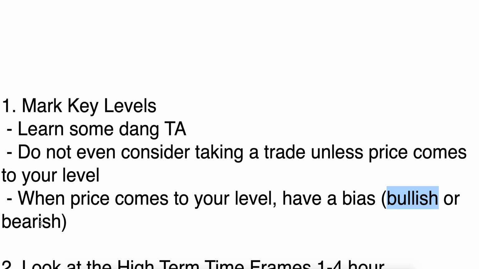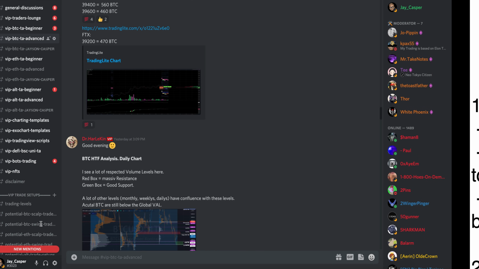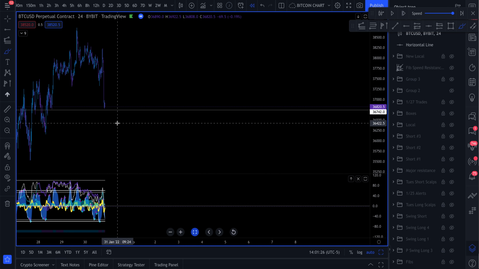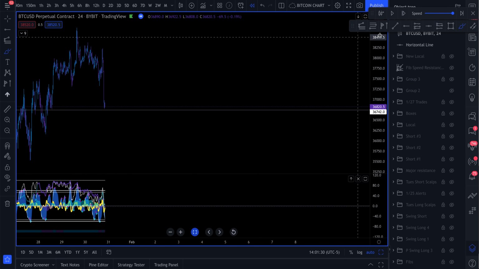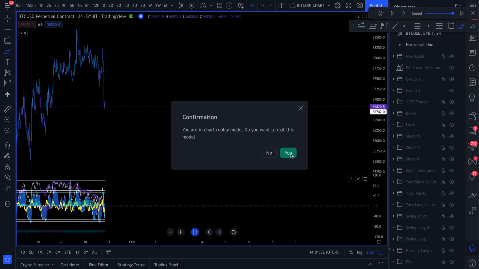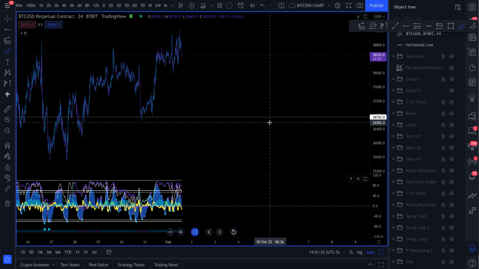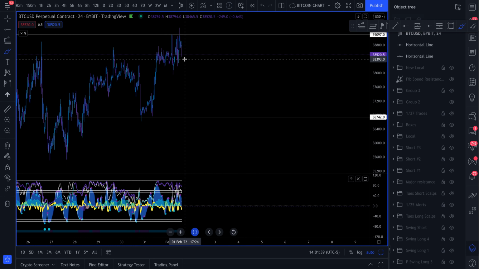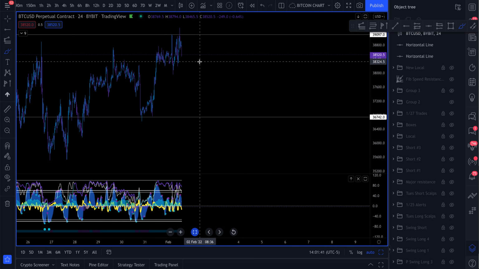If price comes to one of your levels and the level is a support, meaning price has come down, dumped down to a level of support, you need to immediately have a bullish bias and start looking for a long. And on the contrary, if price comes up to a level of resistance, like it did right here for the short that I'm in right now, you need to be biased looking for a short trade.